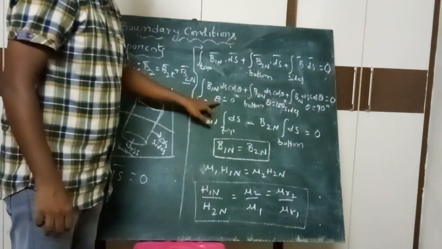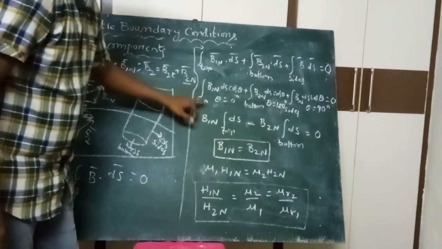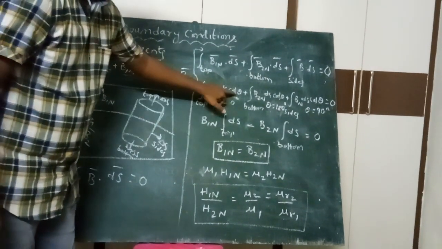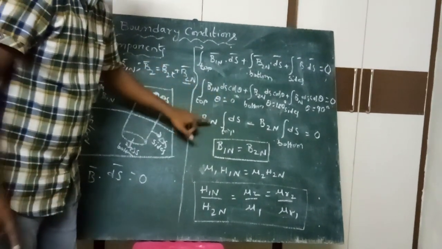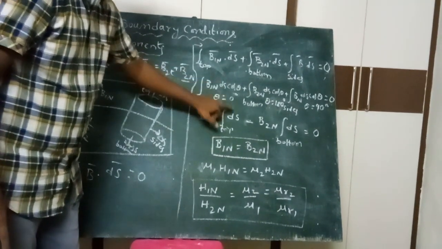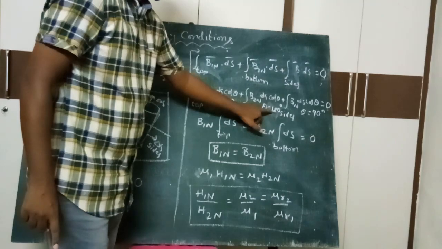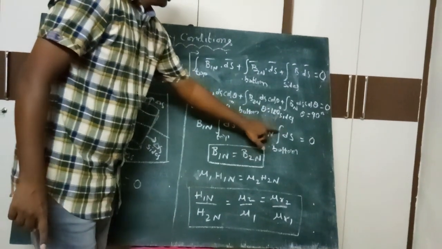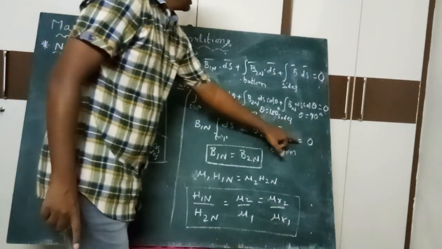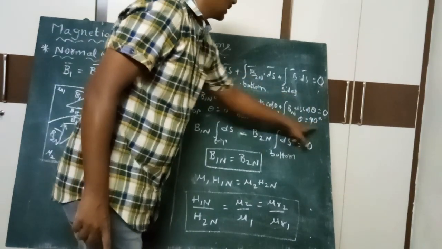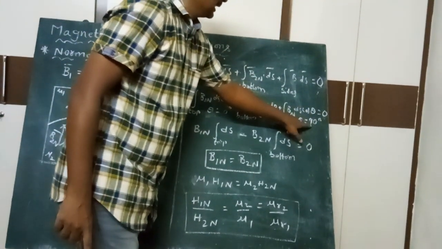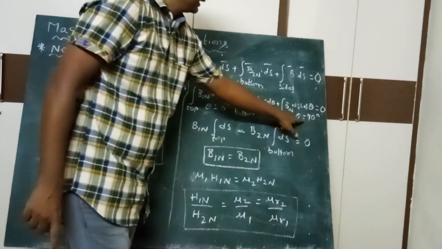After substituting these theta values, we get B1n. Here cos theta means cos 0, so 1. So B1n integral dS, and here theta equals 180 degrees, so cos 180 is minus 1, so minus B2n integral dS is equal to 0. The side term becomes 0 because theta equals 90 degrees, so cos 90 is 0.